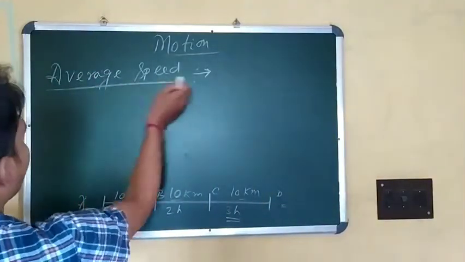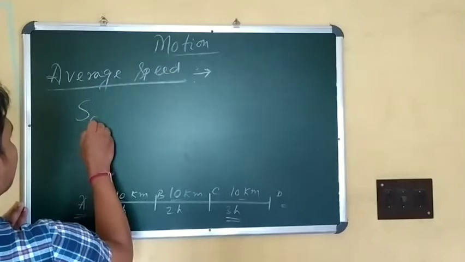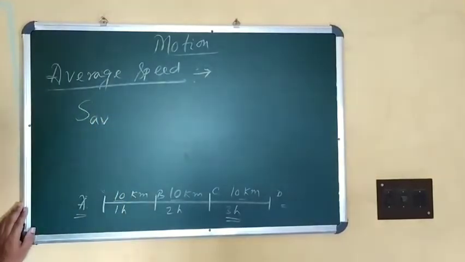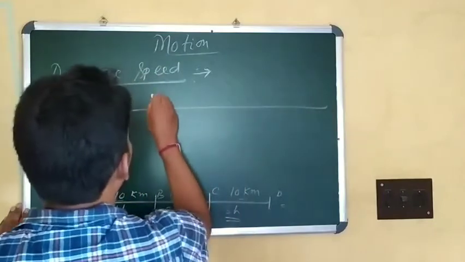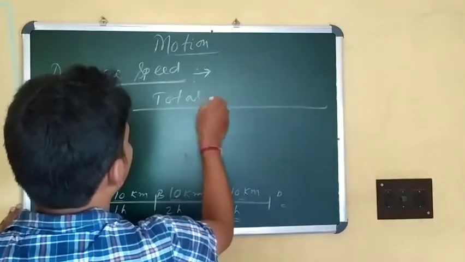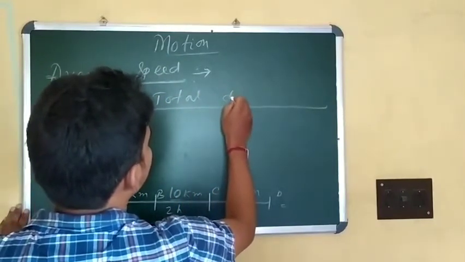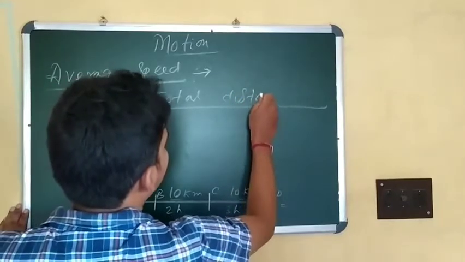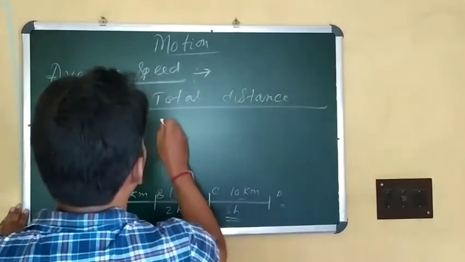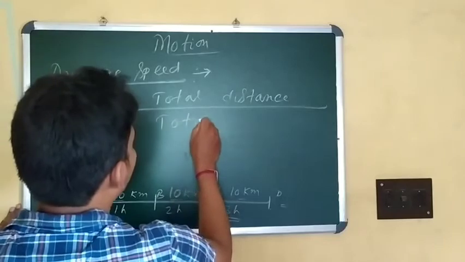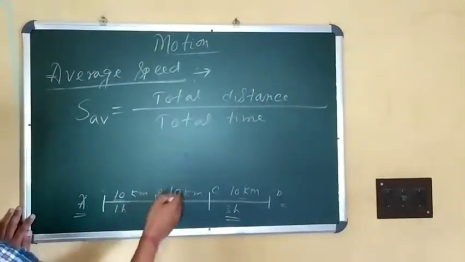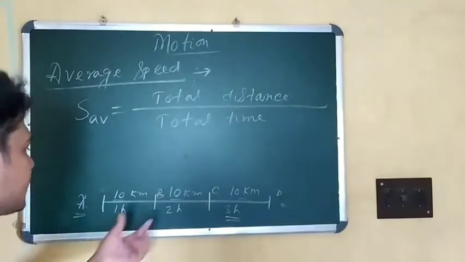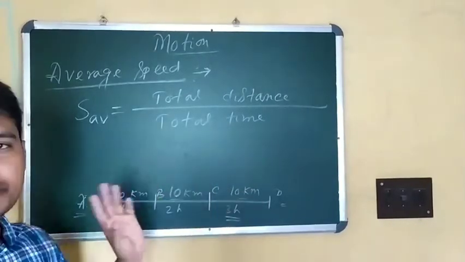Then average speed, S_av, equals total distance by total time. So at first you find out what is the total distance, 10 kilometer, 10 kilometer, 10 kilometer.